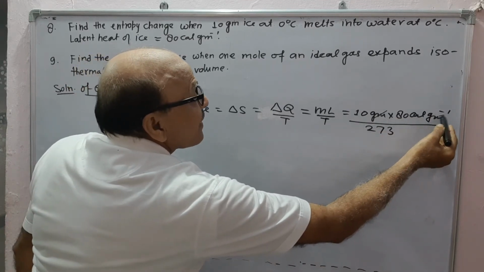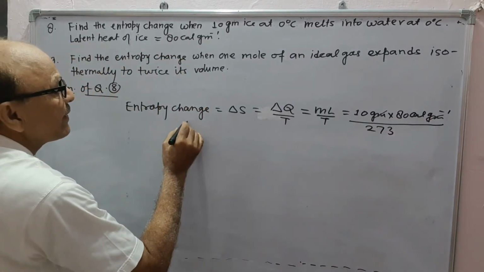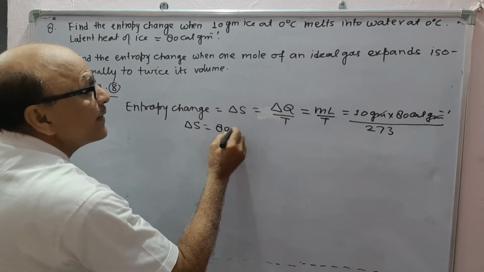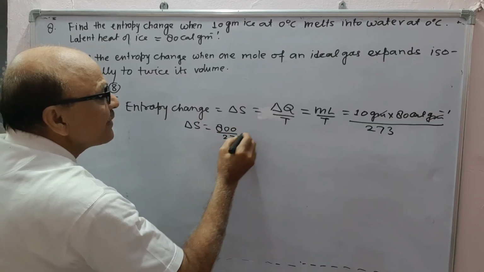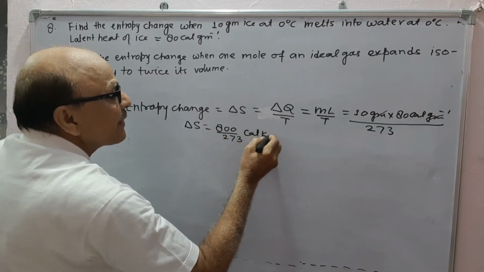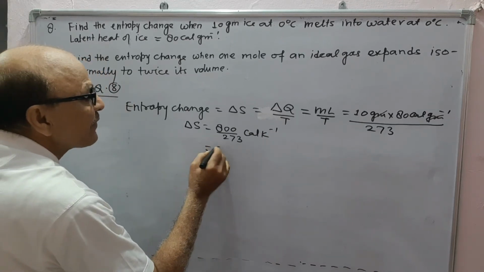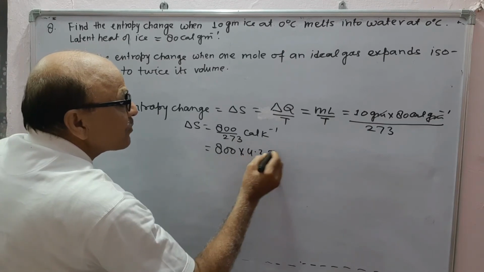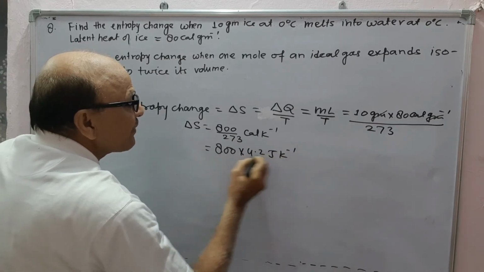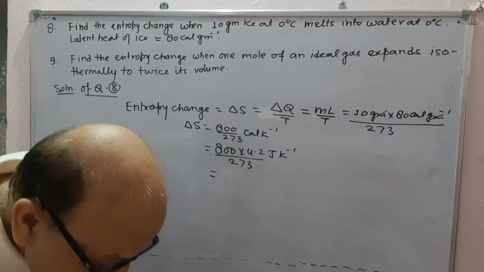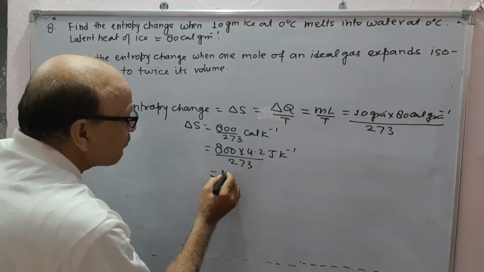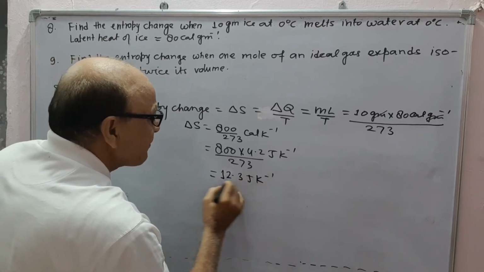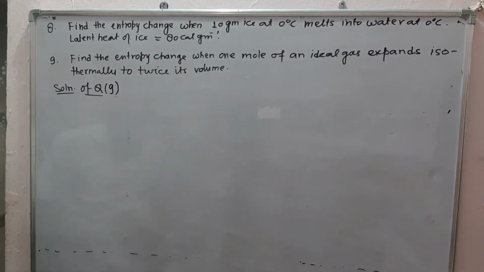So, gram per gram cancels and we get delta S equal to 800 upon 273 calorie per Kelvin, or 800 into 4.2 joule per Kelvin upon 273, which is 12.3 joule per Kelvin.